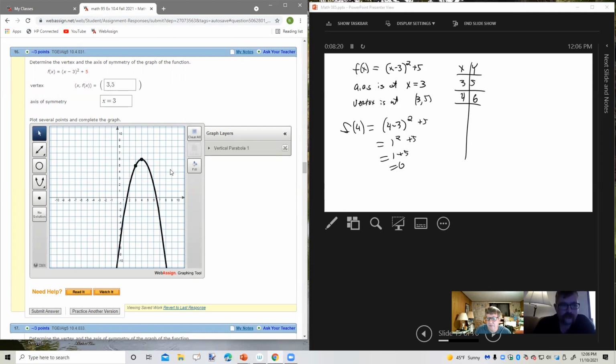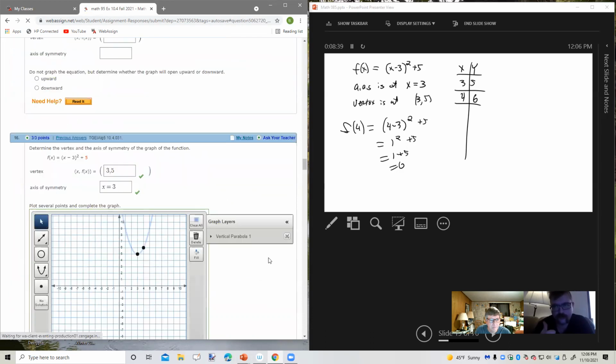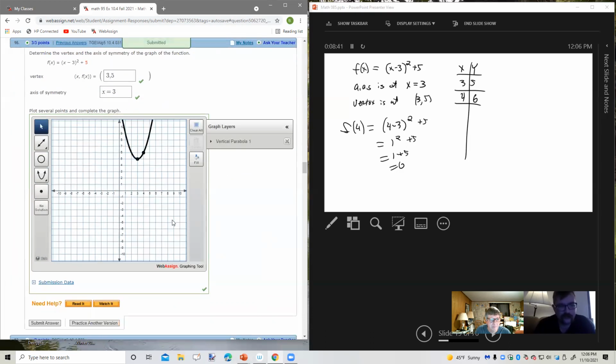Oh, look at that. The parabola opens downward. It's the wrong parabola. You've got to do it in the correct order. Always the vertex first, then the other point. And there we have it.